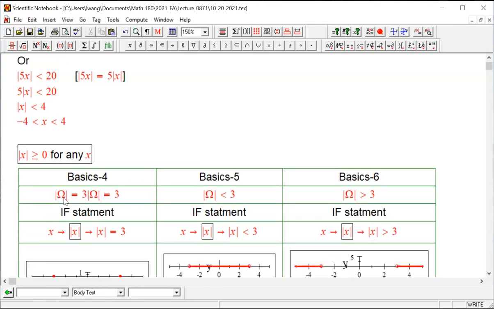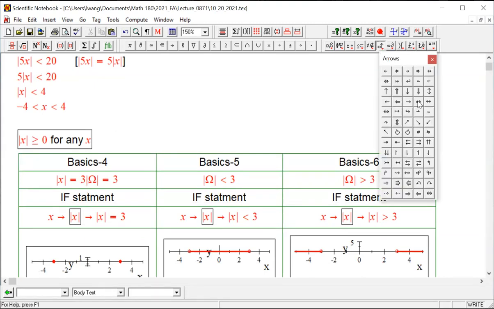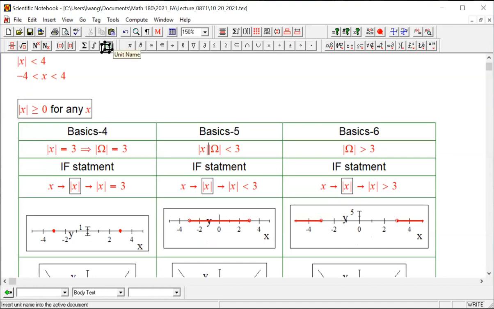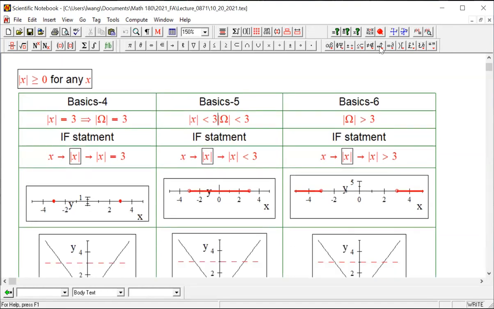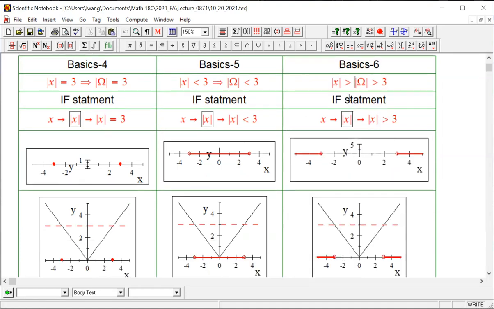Okay, so here I'm still going to use the x. The absolute value of x less than 3 turns into baloney, and this piece, larger than 3, turns into baloney.